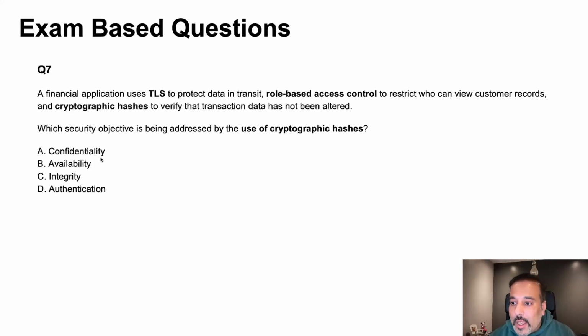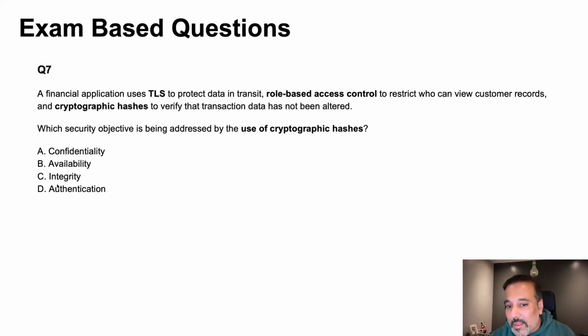And then role-based access control has been implemented for the authorization. And then the hashing detects unauthorized changes, and that comes here as integrity. So that's how you can find out which one is your best option.